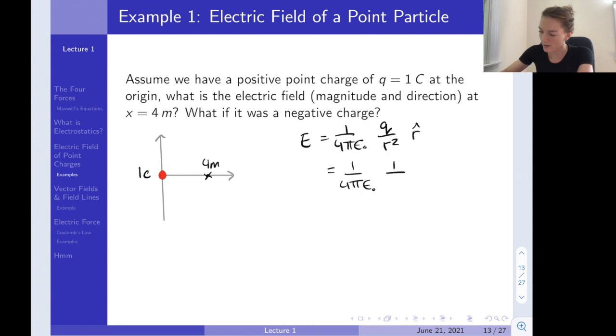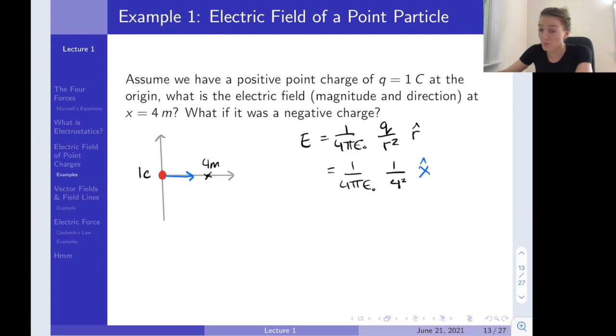And r squared is the distance from our charge to the point where we're measuring the electric field, which is 4 meters away. So we're just going to plug in 4, and that's squared. So we've got 4 squared. And then our r hat vector is the unit vector from our charge to the point where we're measuring the electric field. So in this case, this is obviously the x hat direction. So we have x hat here.